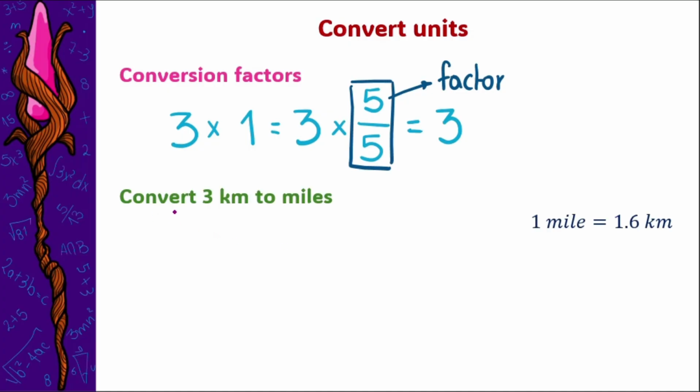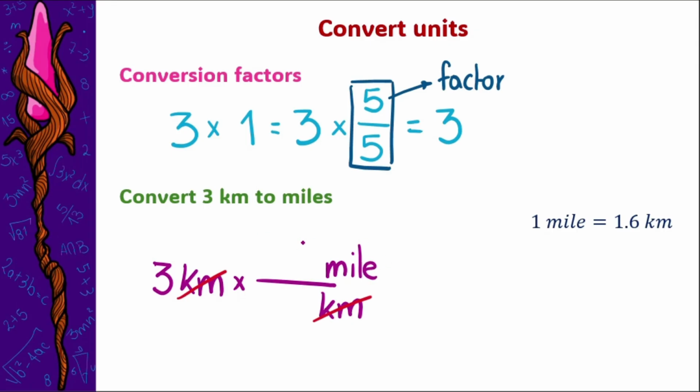Let's see how to use it. Let's imagine that you want to convert 3 kilometers to miles, and you have this equivalence: 1 mile is equal to 1.6 kilometers. So you are going to put the 3 kilometers and multiply by a factor that is going to be a fraction. What you put at the top is going to be the same as the bottom. It's just that at the bottom you are going to write the kilometers. That is going to allow you to cancel them out, and at the top you would have miles.